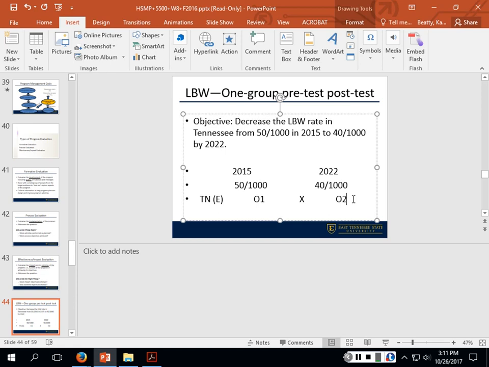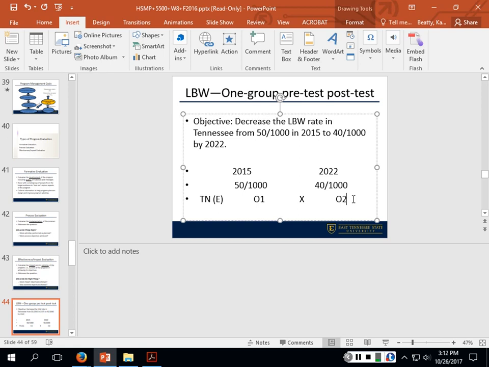If we're implementing evidence-based interventions that are known to reduce low birth weight rate in our state, we really ethically, morally, we cannot deny those interventions to certain groups in the state.